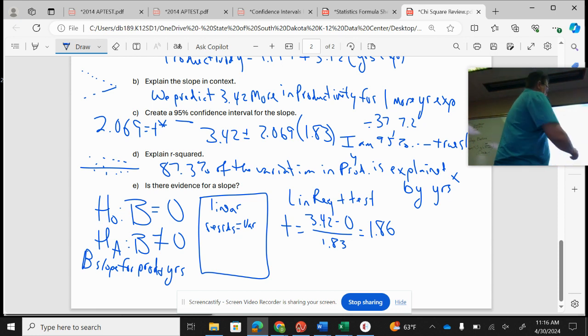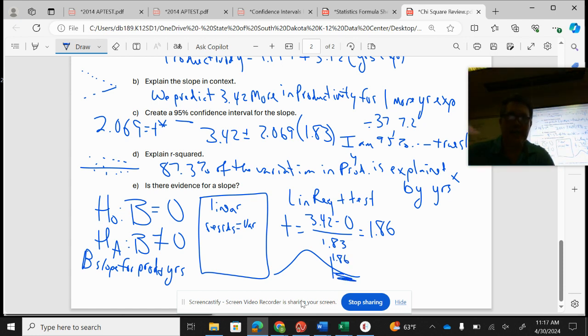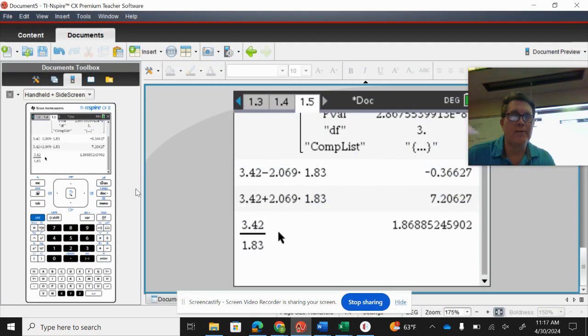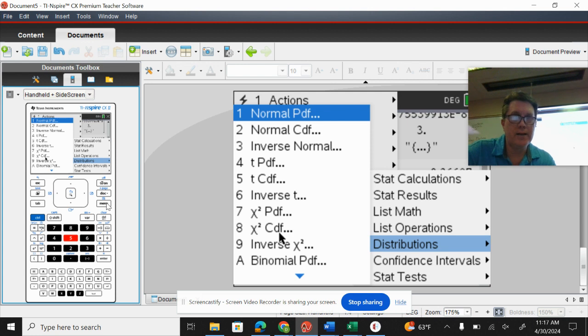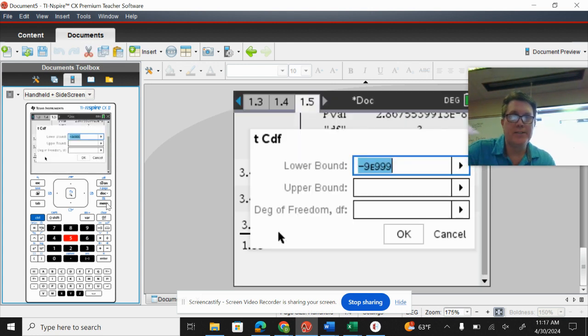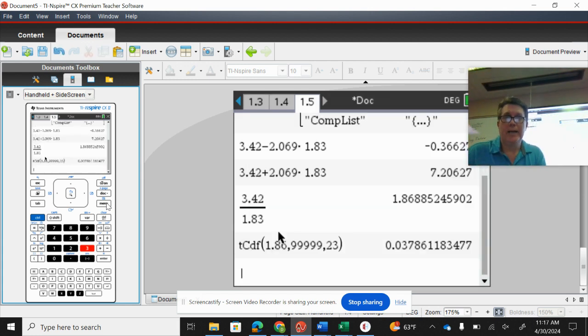Now you don't have to draw a curve, but here's where we're at. With 1.86, you're going to have to use a TCDF. I know we don't use that very often, but we're going to go menu 6.5, number 5, the TCDF, from 1.86 to 99999, 23 degrees of freedom. Remember, with the linear regression test, it's n minus 2, and that gets us 0.037.